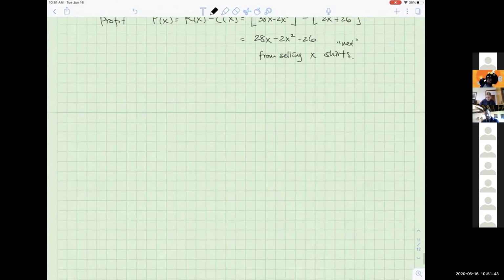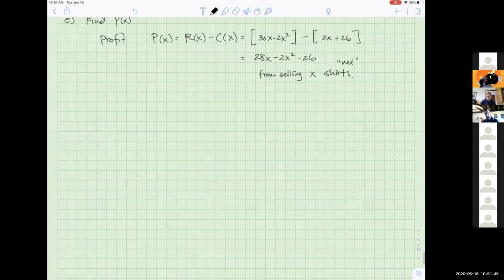Now, the last part I want to talk about. Part F is about what's called break even, when the profit is equal to zero. When the profit is equal to zero, this means that you have generated exactly as much revenue as you had cost.